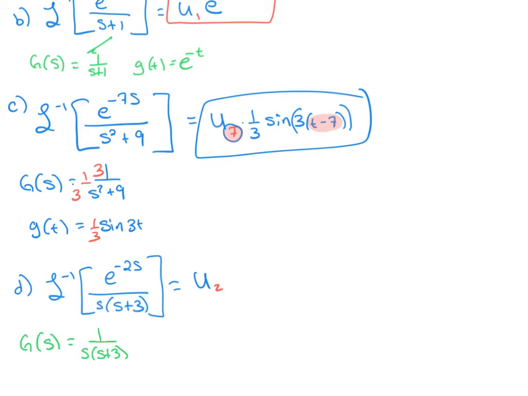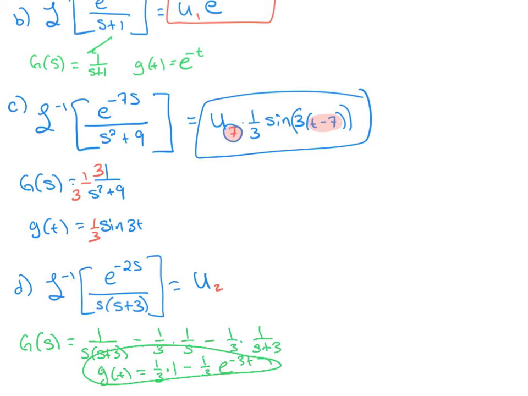Oh boy. Okay, partial fraction decomposition gives us 1/3 times 1 over s minus 1/3 times 1 over s plus 3. So that came from a g of t equal to 1/3 times 1 minus 1/3 times e to the negative 3t.